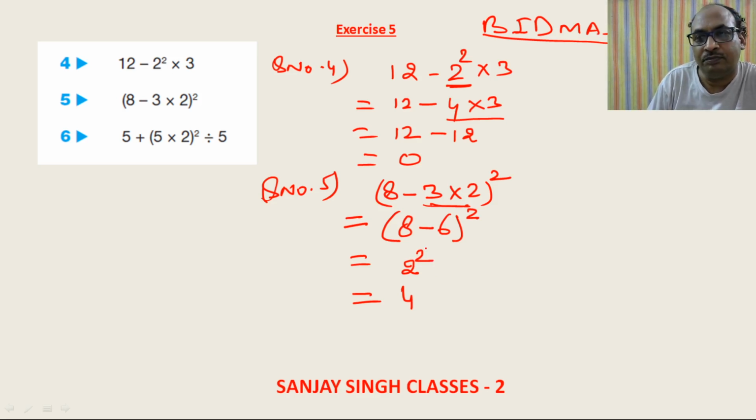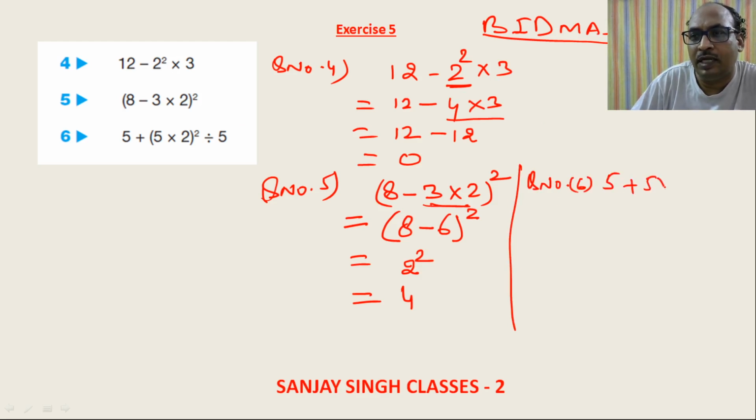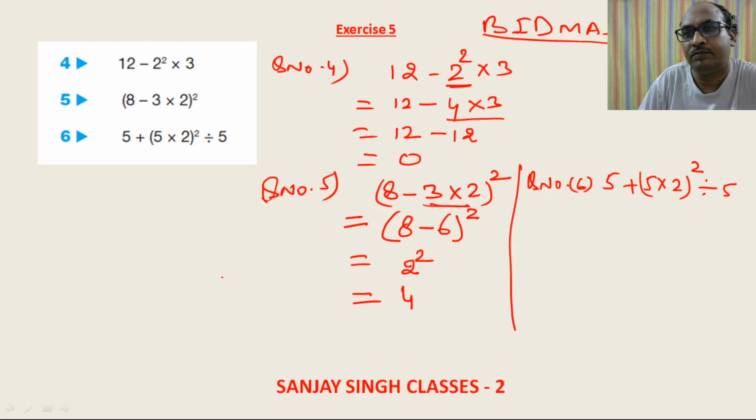Okay. Now question number 6. So 5 plus 5 into 2 whole square divided by 5. Right.